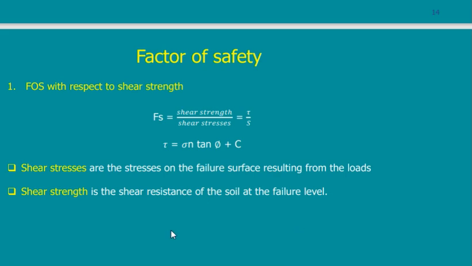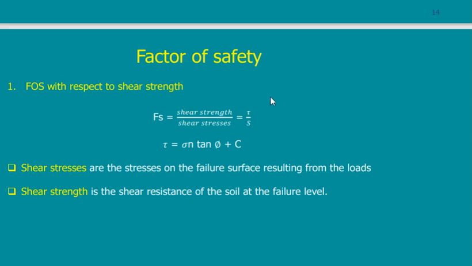So what is the factor of safety? It is the person preventing you from falling. In soil, it is the shear strength of the soil. What is the ability of this soil to carry shear? We said that soil fails by shear.